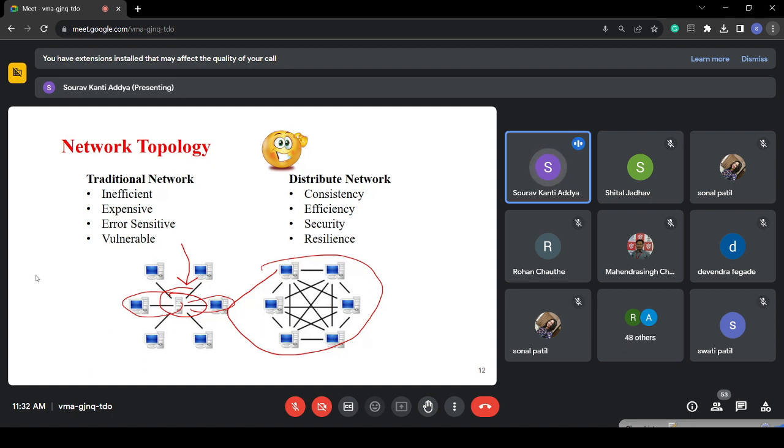Creating the traditional kind of network is less costly, but as it is less costly, it has more technological problems, whereas this is more costly. So building this one is difficult, but if you are able to build this kind of network, then it will be more safe.